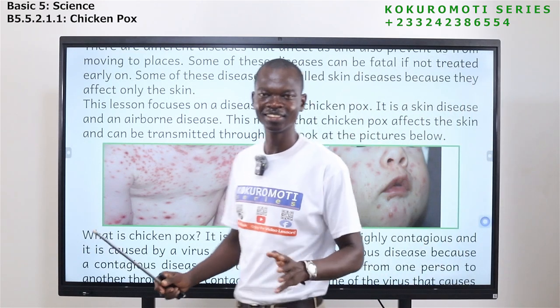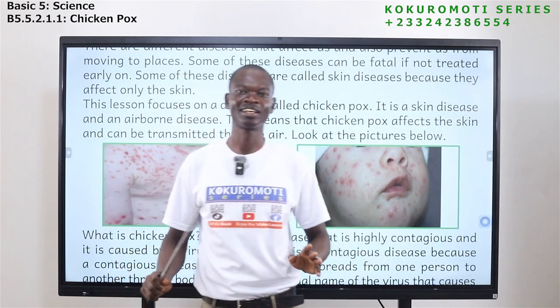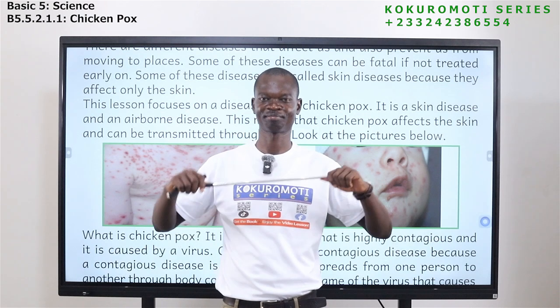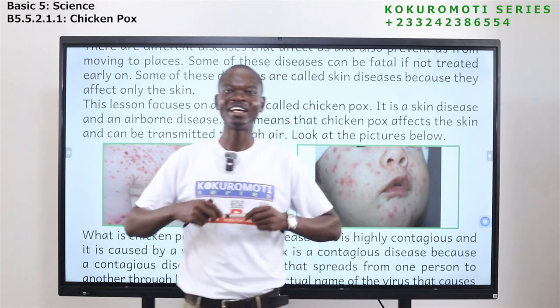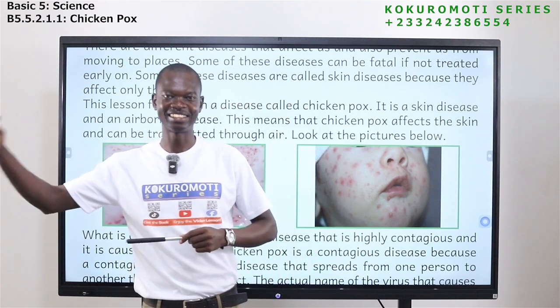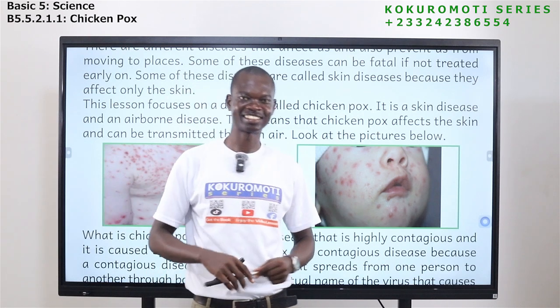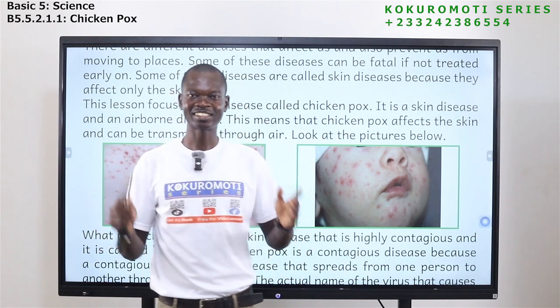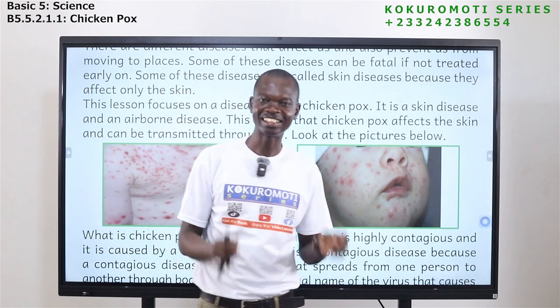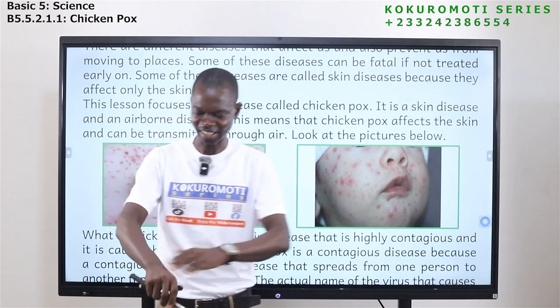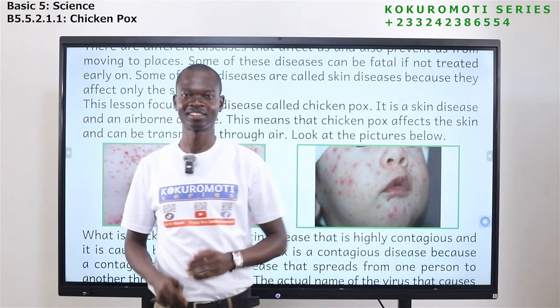So we are looking at chickenpox. It is a disease that affects only the skin, so it is called a skin disease. Skin diseases are diseases that affect only the skin.